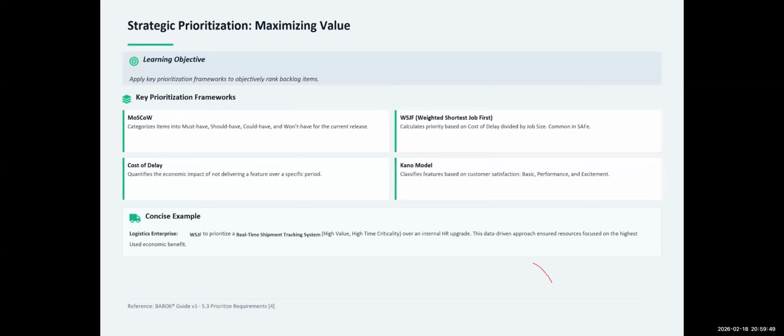That needs to be delivered ASAP. That needs to go into your sprint, or get into development, to quickly deliver it so that the value is not being lost. So that's another prioritization framework you can use to arrange your backlog.